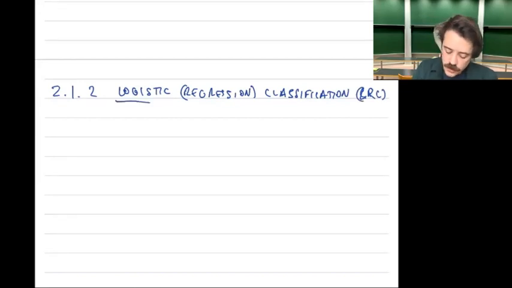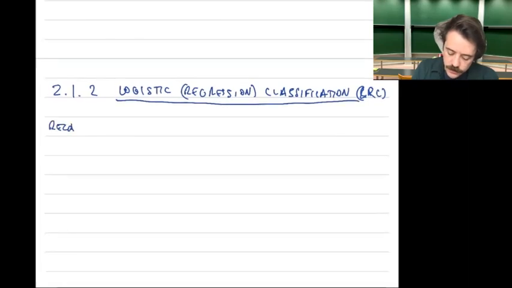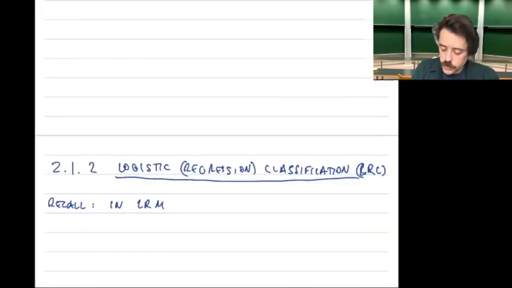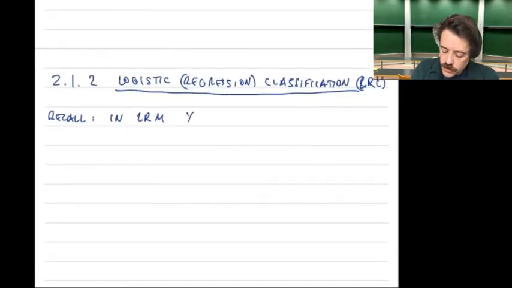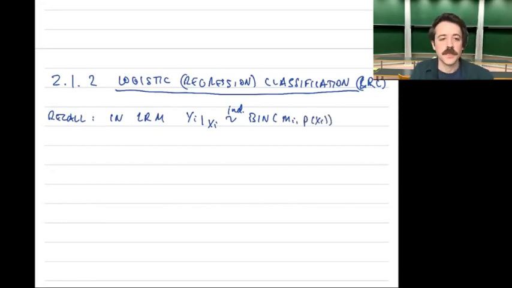Okay, so let's recall that in the logistic regression model, what we were modeling was y_i given x_i, independent, according to a binomial distribution with parameters m_i, p(x_i), right?